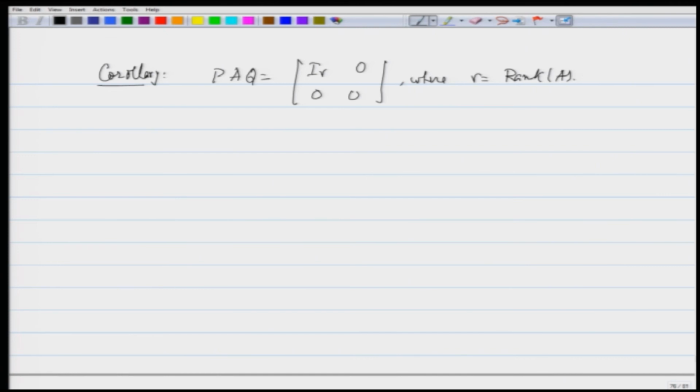So, what we would like to do is, from here what I can get is that A is nothing but P inverse [[I_R, 0],[0, 0]] Q inverse.